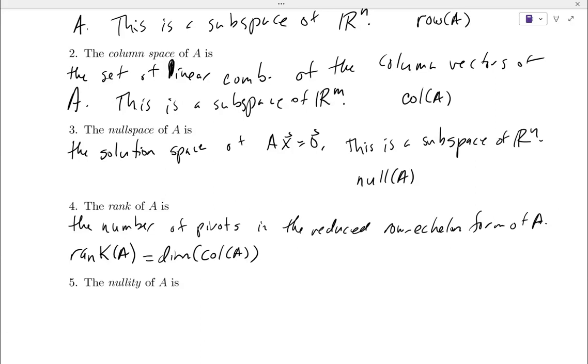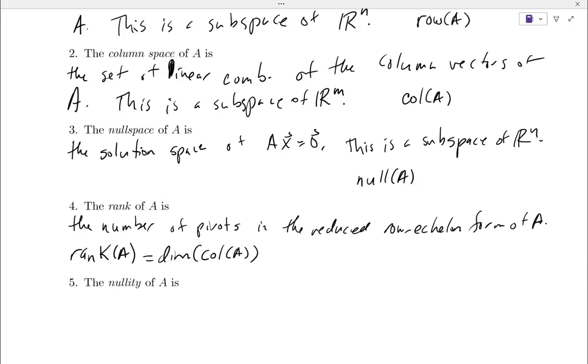If we do the reduced row echelon form and look at the pivots, notice that when you're doing row operations, and we're going to talk about this here in a second, when we're doing row operations, that is linear combinations of the rows, right? That's what we're doing, right?